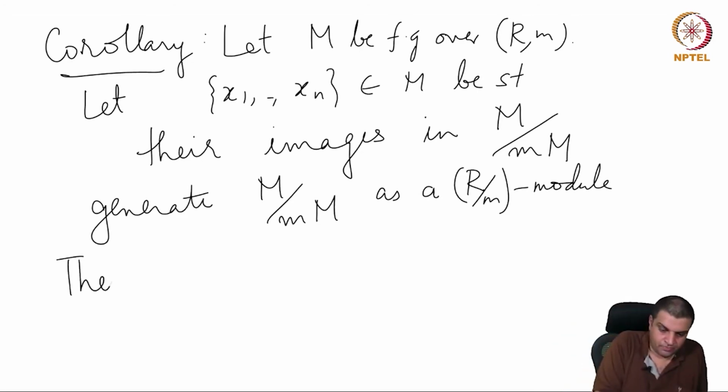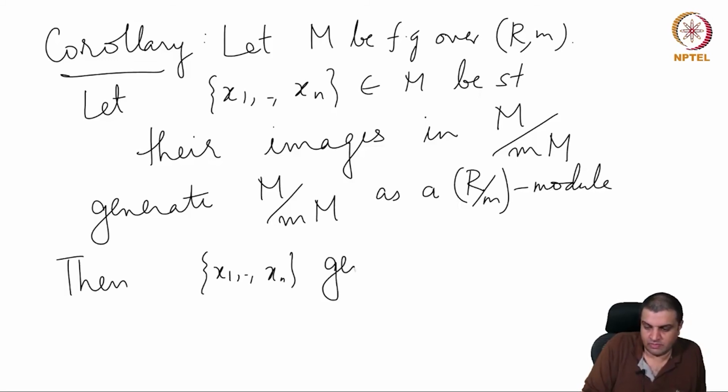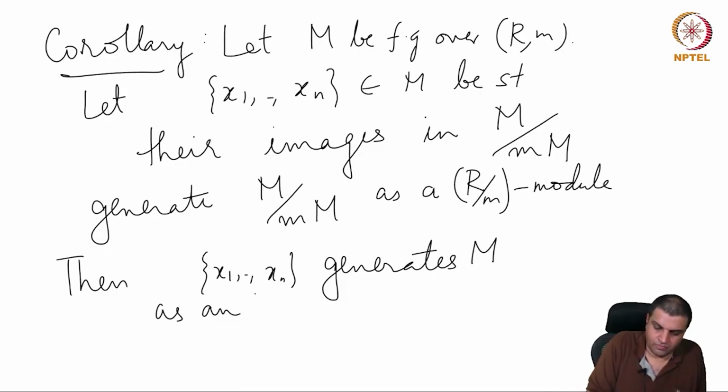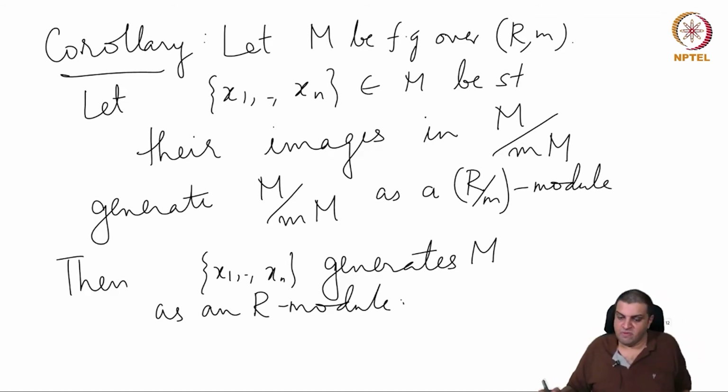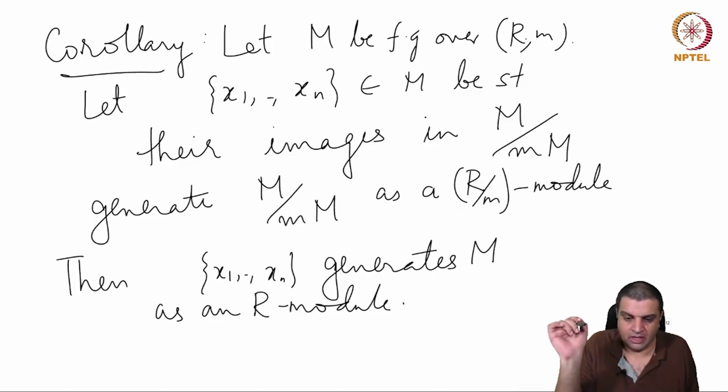Then x1 through xn generates M as an R module. Okay. So let me just read this once more. Let M be a finitely generated module over R, local (R, m). And we take some finitely many elements inside M whose images in the quotient generate the quotient module over R mod m.